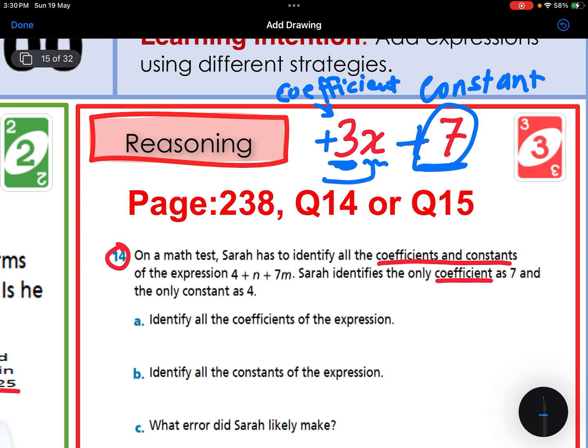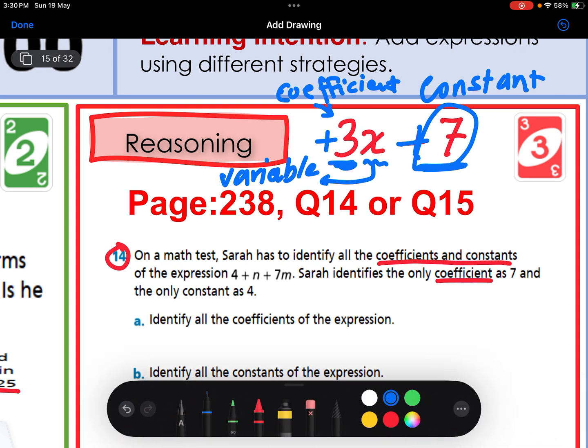And the x is basically a variable. This is the very basic thing we learned when we started learning expressions. So Sarah identifies the only coefficient as 7, and the only constant is 4.